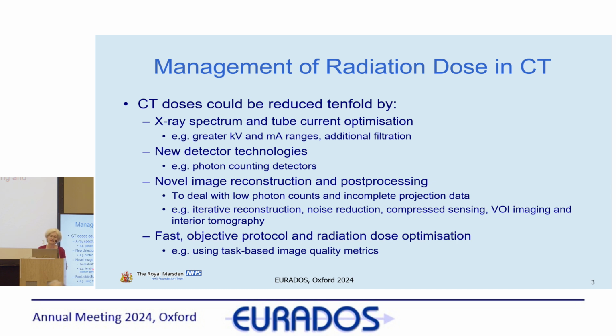And the sort of things that were being looked at was iterative reconstruction, compressed sensing, volume of interest imaging, and interior tomography. And then last but not least, we needed to make sure we had the tools for fast, objective protocol and radiation dose optimization. And again, the thoughts at that time were heading towards task-based image quality metrics that could be implemented quickly to evaluate lots of different protocol parameters.